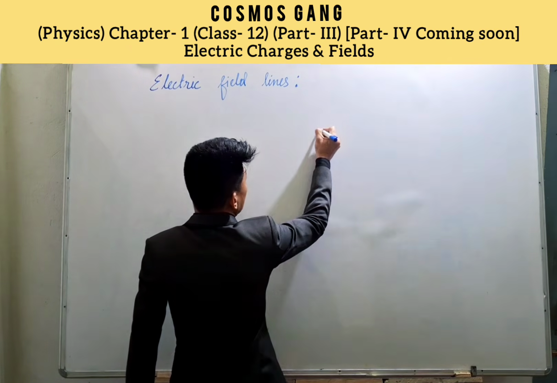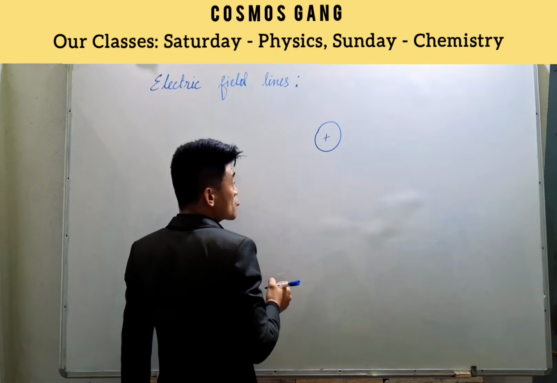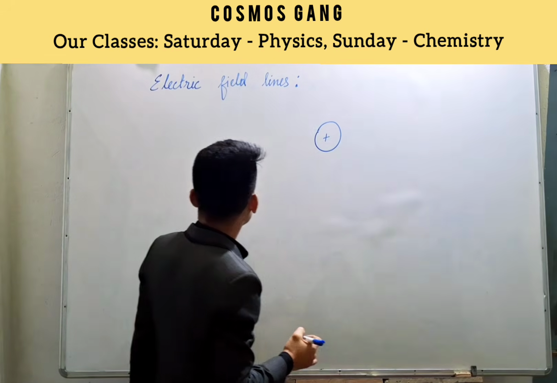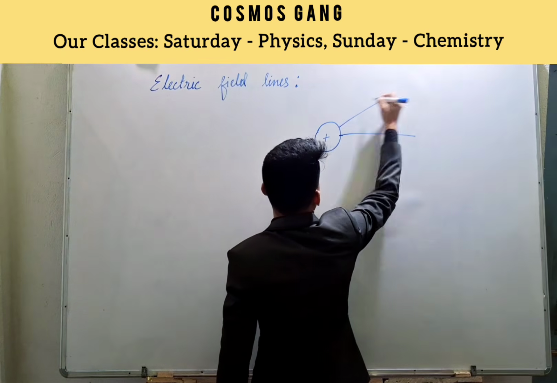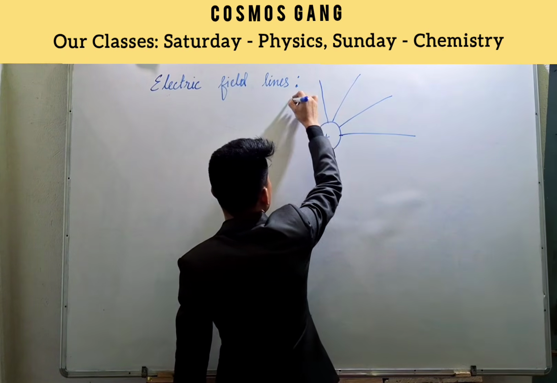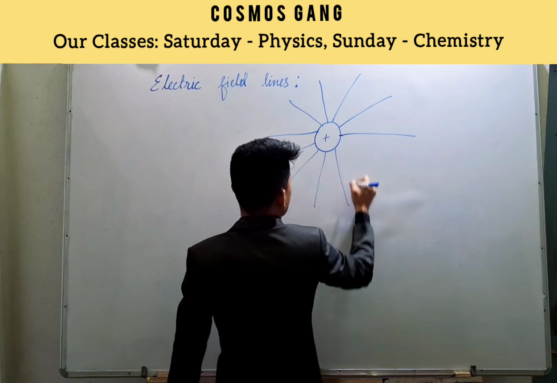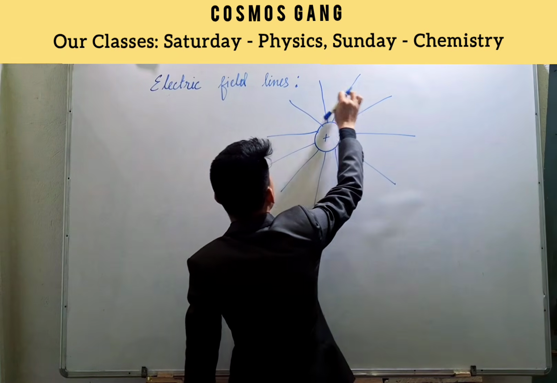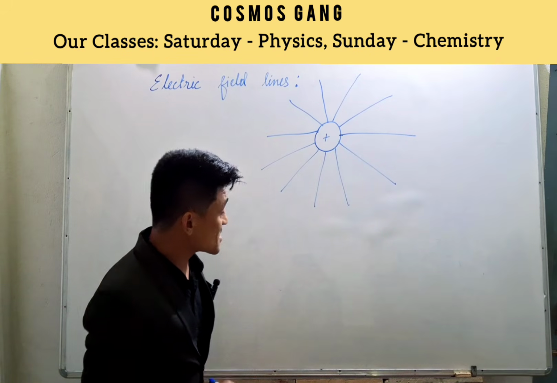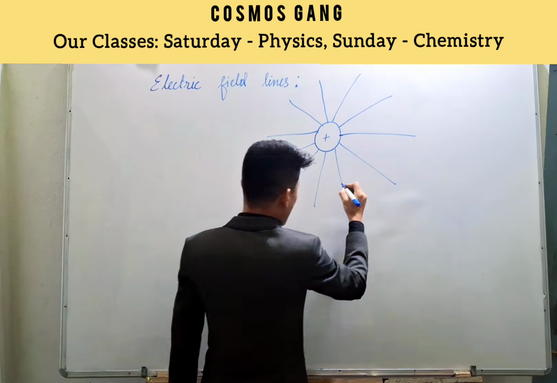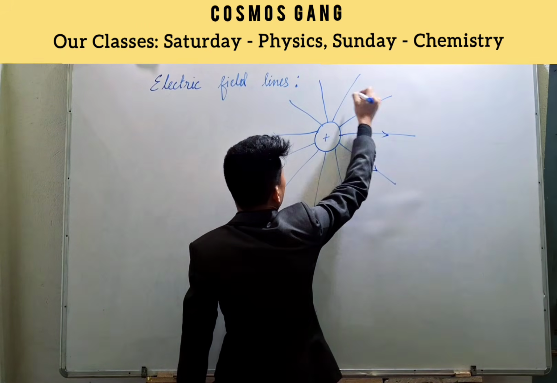So if I take a positive charge here, I can draw my imaginary lines to represent my electric field lines, which are straight in all directions. This line represents my electric field lines in a positive charge, and as we have discussed earlier, for a positive charge, the electric field is always directed outward.